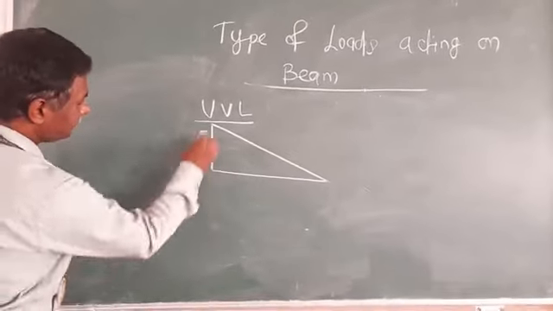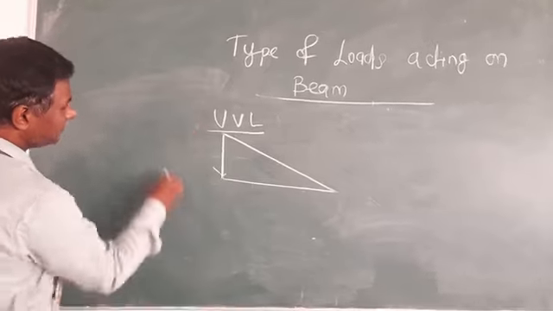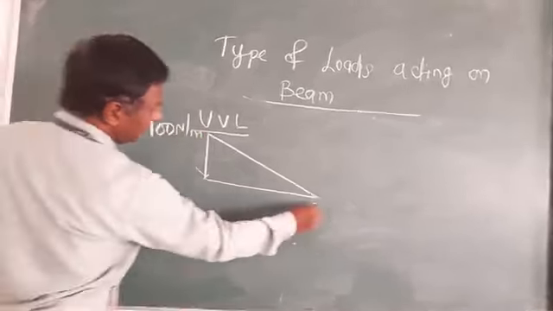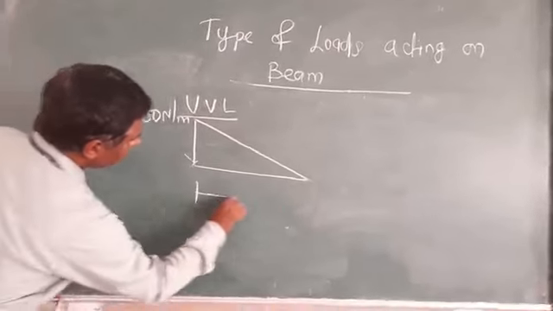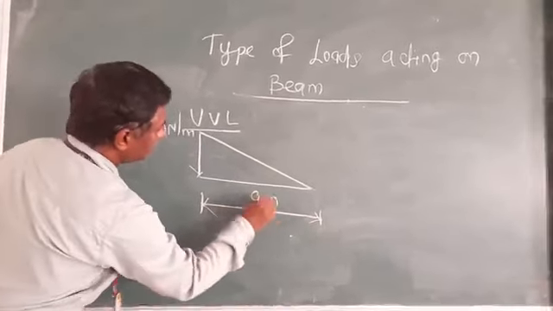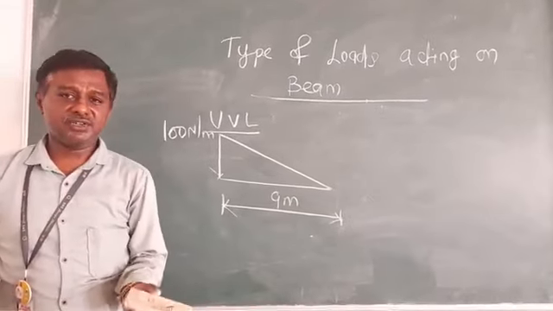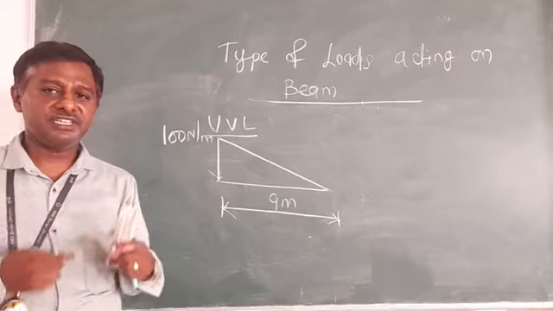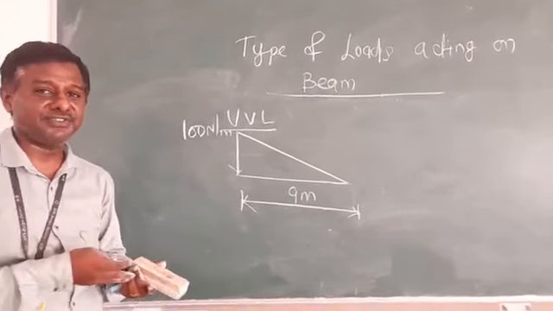It is also a downward load, and the intensity of load, take the same 100 Newton per meter, and here it is 0, varying uniformly. Let's take the span of the beam as 9 meter. Now we have to find the total load, which is concentrated as a point load, its magnitude as well as where it is acting, the location of the load.